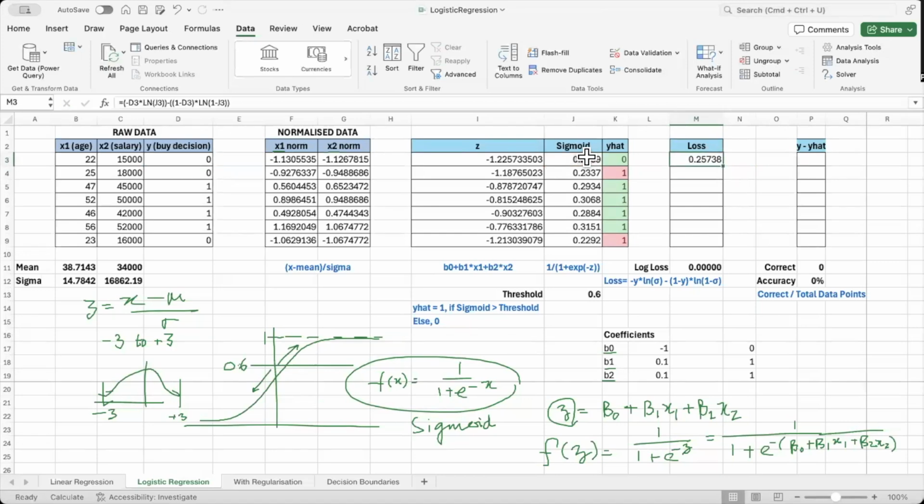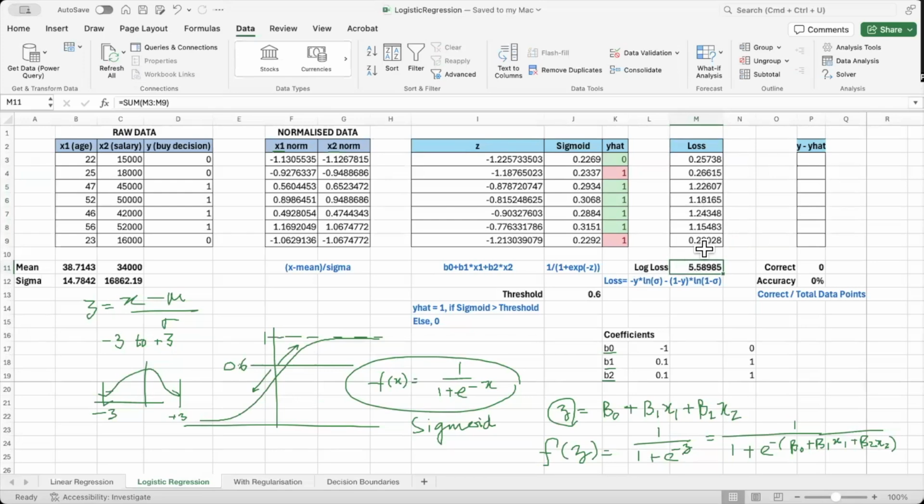So now I have got my loss function. So I will copy my loss function across all the data points. And I can find the sum of the loss function. Since this loss function contains a log, we can say this is a log loss function, we call it.